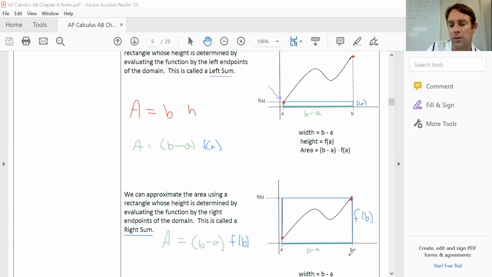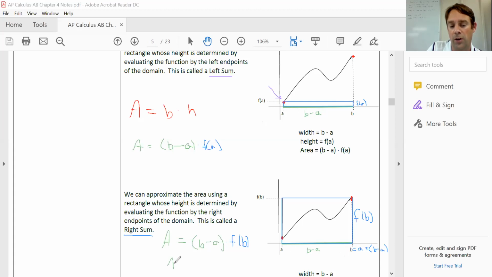Now, what some people like to do is think of B in terms of the starting point, where it starts at A, and then I'm adding whatever the base of my rectangle is, that B minus A, basically the difference between them. That's another way you could see this area.